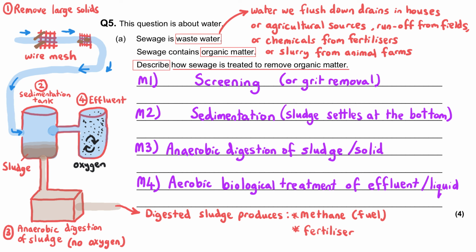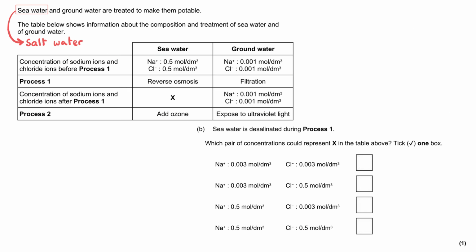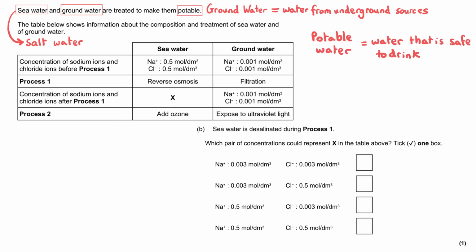And then the liquid effluent is released into the rivers where it will enter the river system, and ultimately if it's going to be entering our homes, it will go through the stages that all water goes through of purification by filtration and sterilisation.